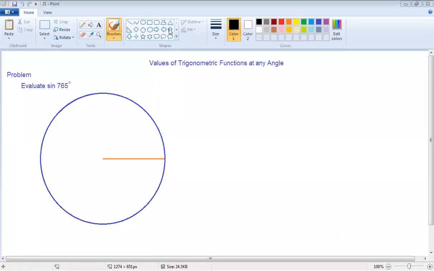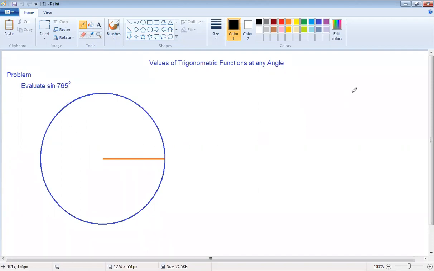Is this problem visible? Evaluate sine of 765 degree. How will we do it? We are to find the sine value of 765 degree.